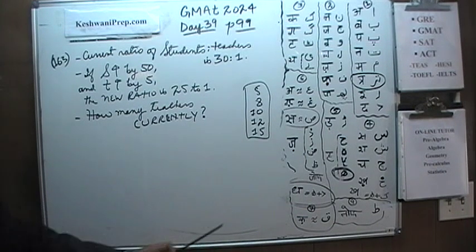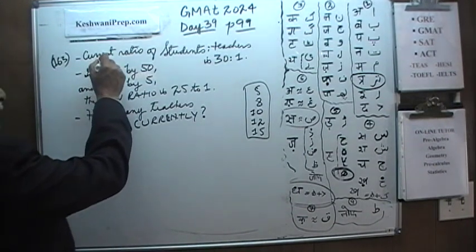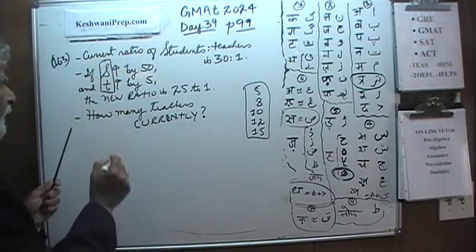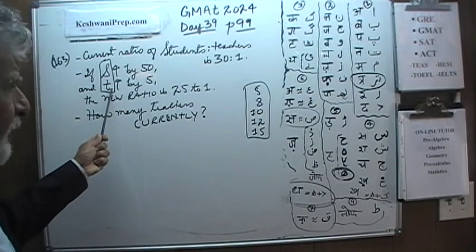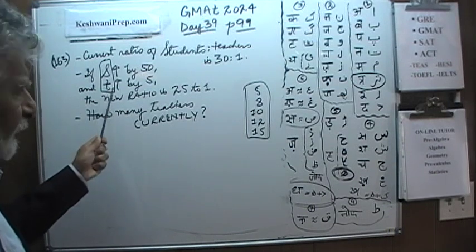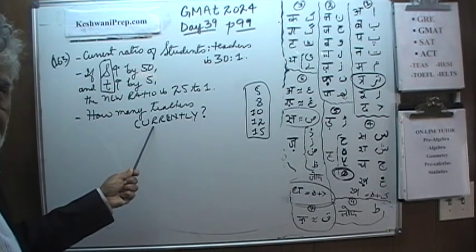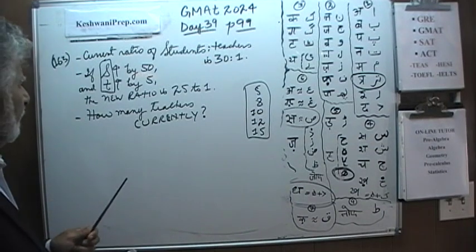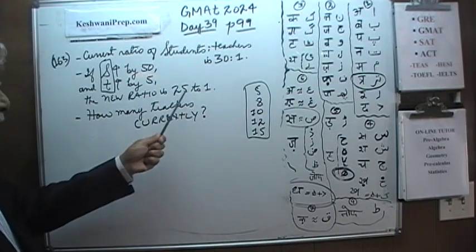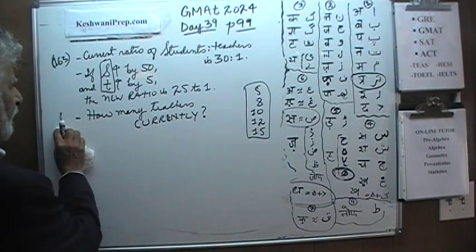Alright, let's see what we can do, okay? So we're going to use letter S to represent the current number of students. We're going to use letter T to represent the current number of teachers. So once we solve for T, that's what we're looking for. We're looking for how many teachers we have at present. Let's begin.